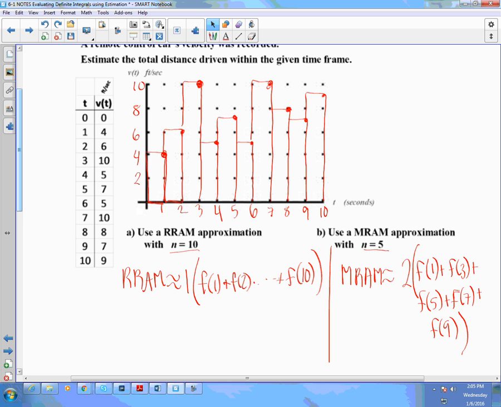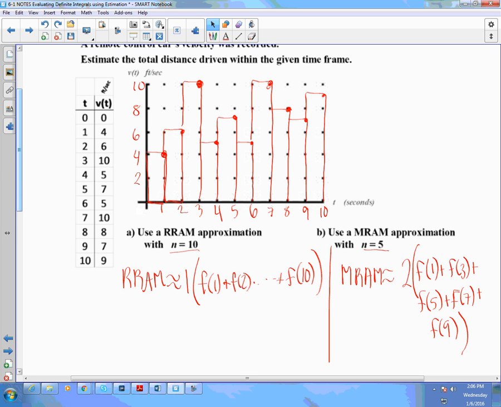Okay, so your homework is on this purple sheet. Let me make sure I get you one. Section 6.1, problem number 9, and it's 6, so you need 6 rectangles. Problem number 10, and it's 4, etc. So for 9 through 12, you can do left RAM, right RAM, or midpoint RAM for each.